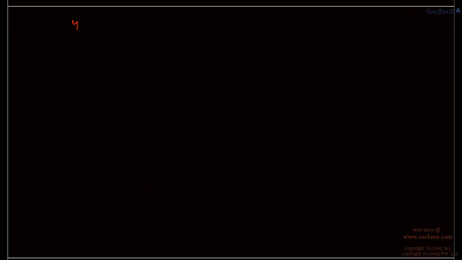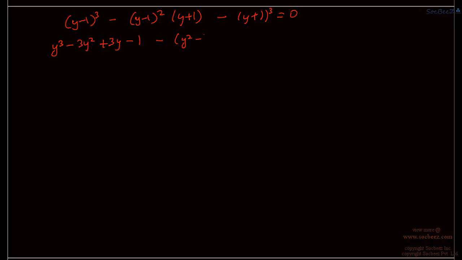Okay, so that gives (y minus 1) cube minus (y minus 1) squared into (y plus 1) minus (y plus 1) cube equal to 0. So let's expand all of them now. We have y cube minus 3y squared plus 3y minus 1, minus (y squared minus 2y plus 1) into (y plus 1), minus (y cube plus 3y squared plus 3y plus 1) equal to 0.